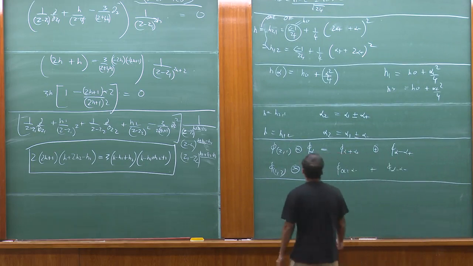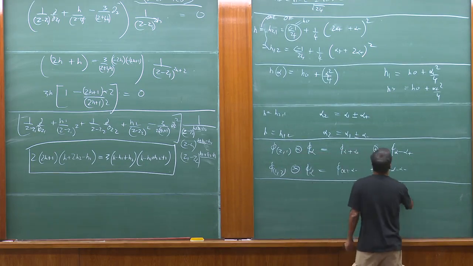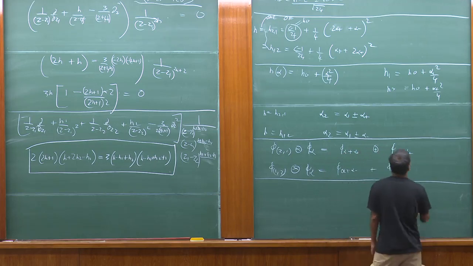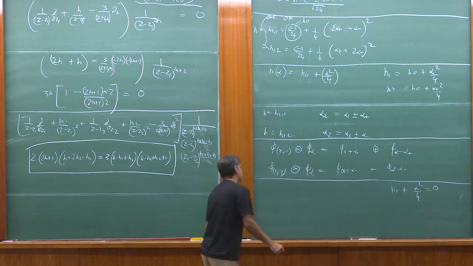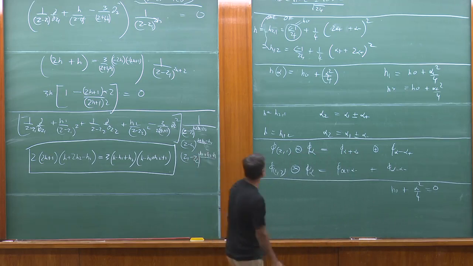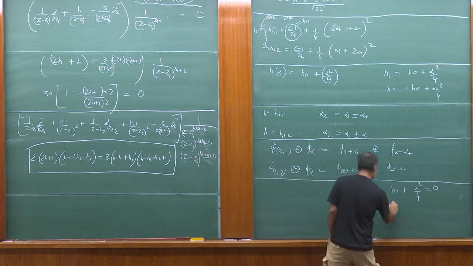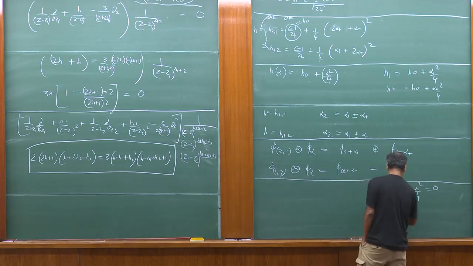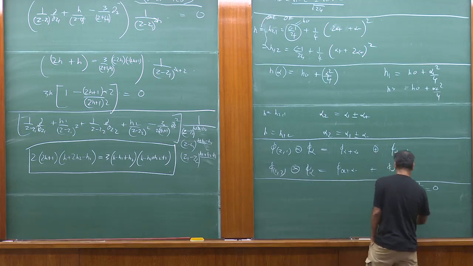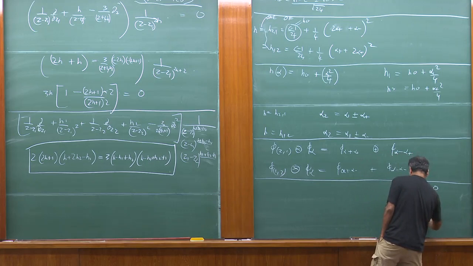So we have h naught plus alpha squared by 4 is equal to 0. Okay, h naught was c minus 1 divided by 24. Note that h naught is negative. So 1 minus c divided by 24 has to be alpha squared by 4.